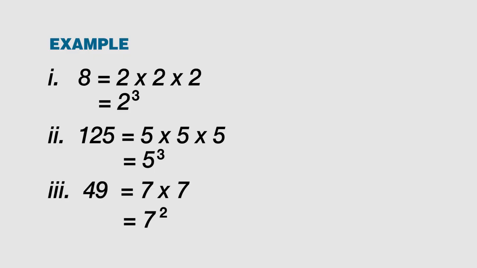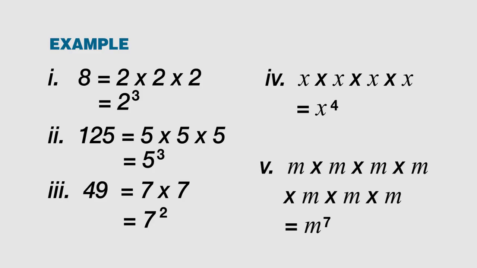Also, 49 can be written as 7 times 7 or 7 to exponent 2. We also have x times x times x times x equal to x to the power 4, or m times m times m times m times m times m times m equal to m to the power 7.